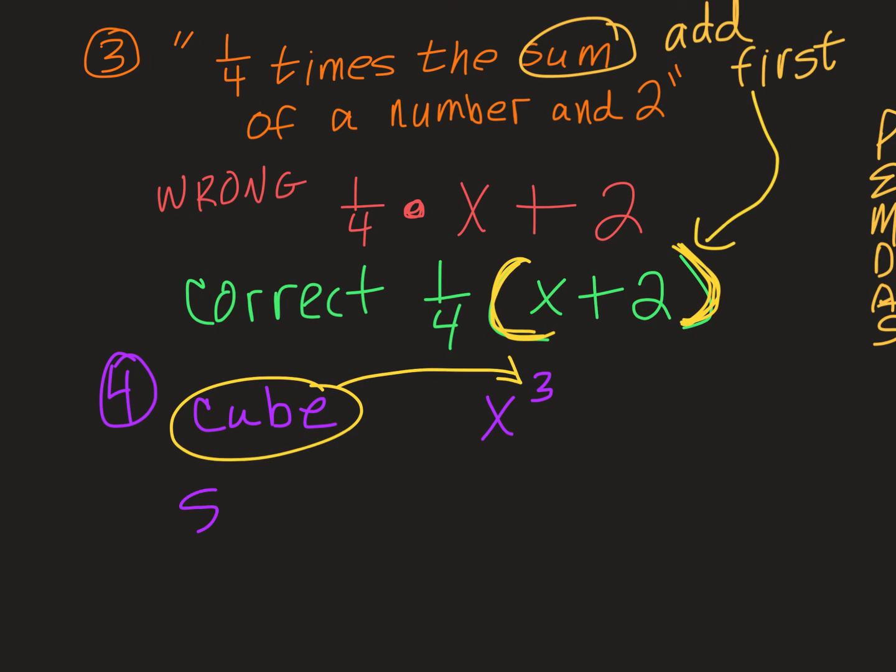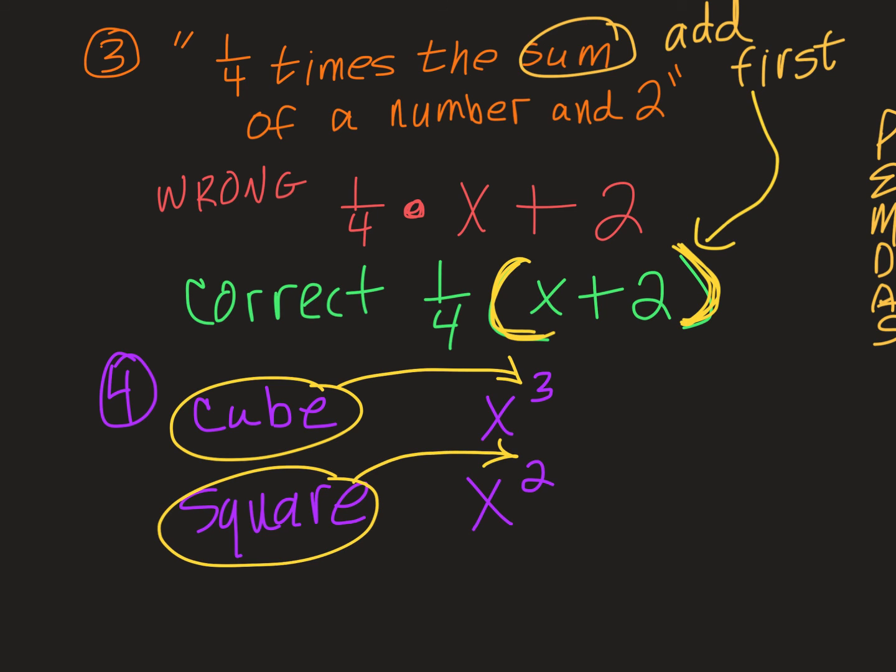We also need to make sure we remember what it means to square a number. Instead of an exponent of 3, anybody know what that means? Oh, I know you know what squaring means. So instead of an exponent of 3, it means an exponent of 2.